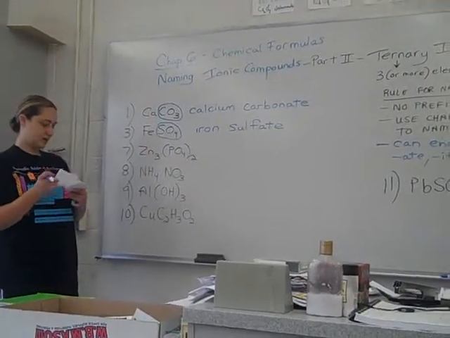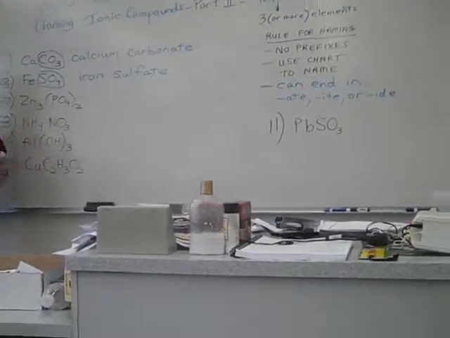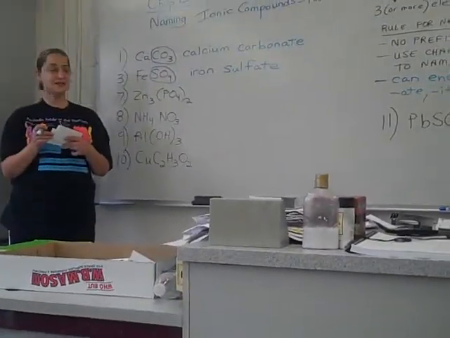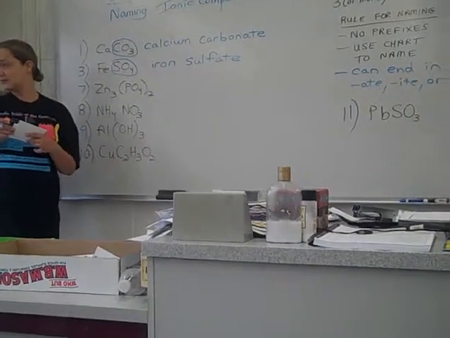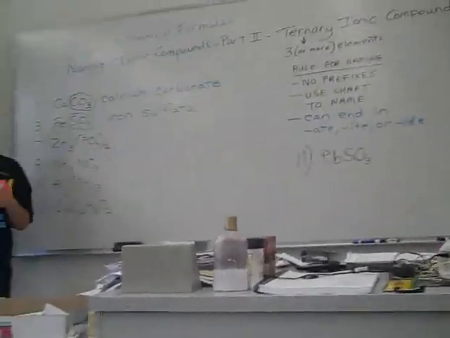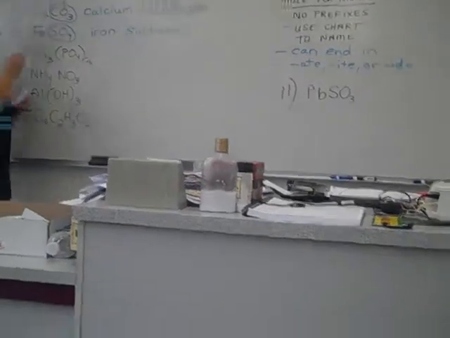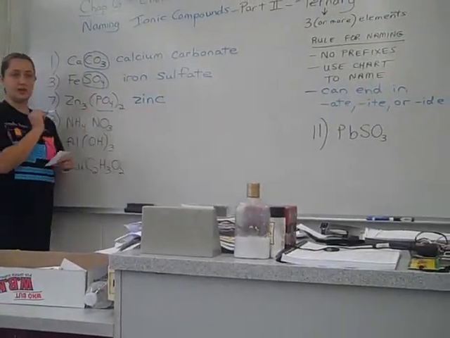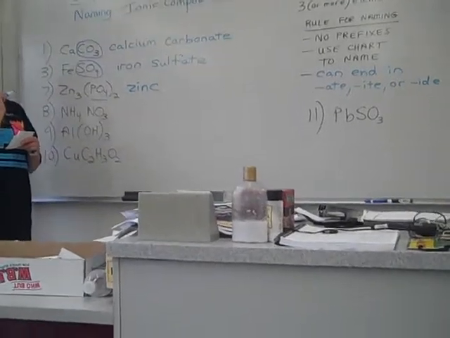Okay, number 7. First of all we have Zn, and let me get somebody I haven't called on yet. Mackenzie, what is Zn? It's zinc. And who can give me PO4? Who found that on the chart?